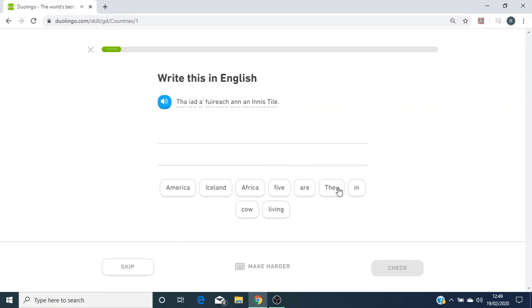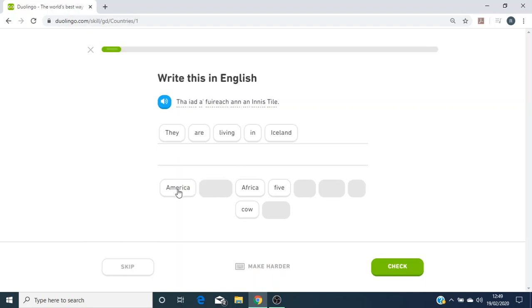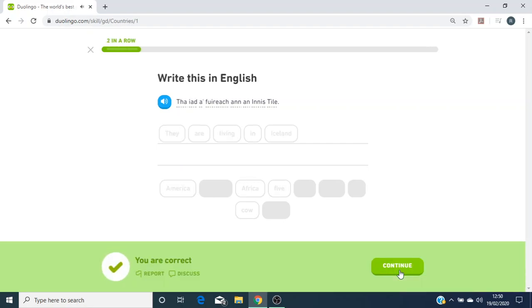So that's where they are living in. Inis Chile is, I'm going to say it's Iceland, because America is America and Africa is, yeah, there we go. Inis Chile.